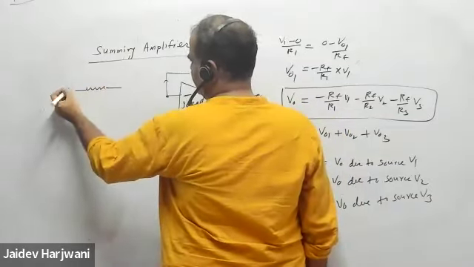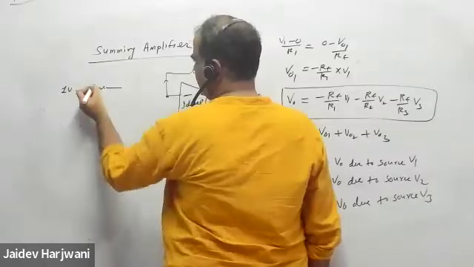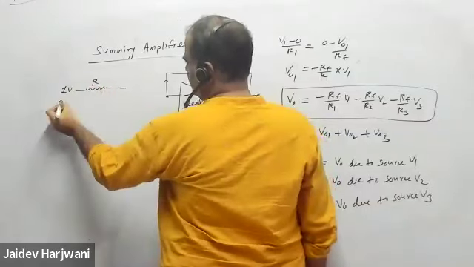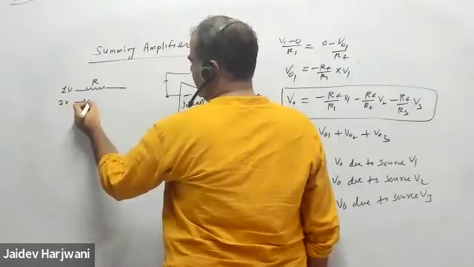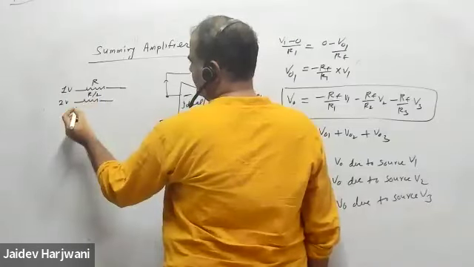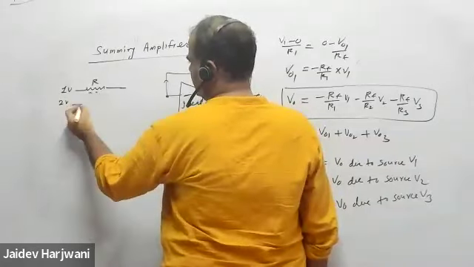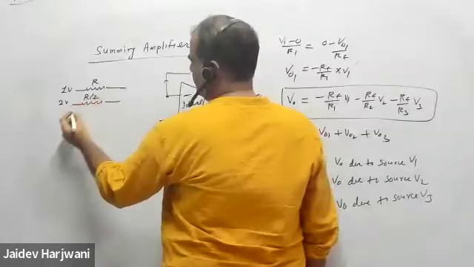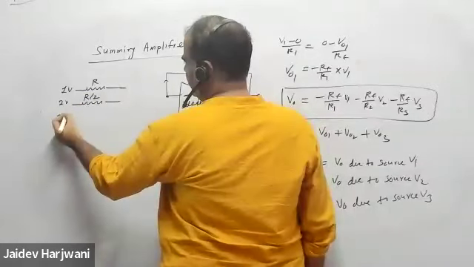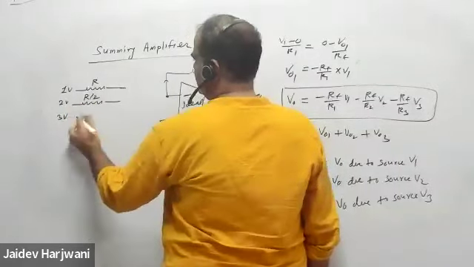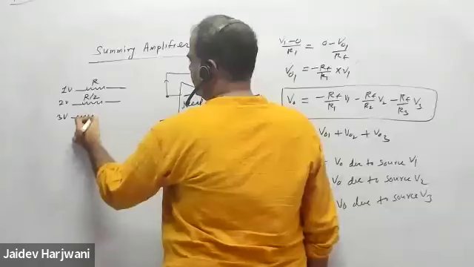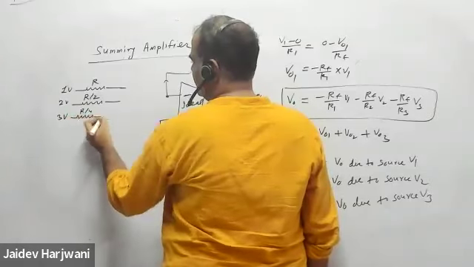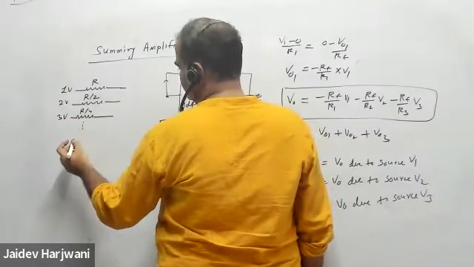I'm applying 1 volt here through a resistance R, here I'm applying 2 volt with resistance R by 2, then 3 volt with resistance R by 4, and you keep on going like this.